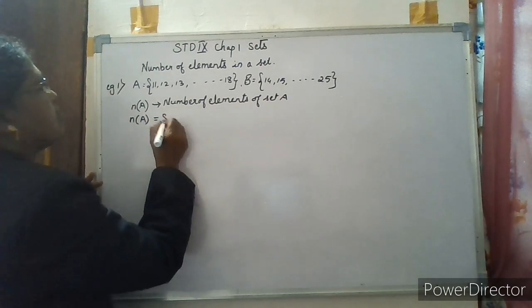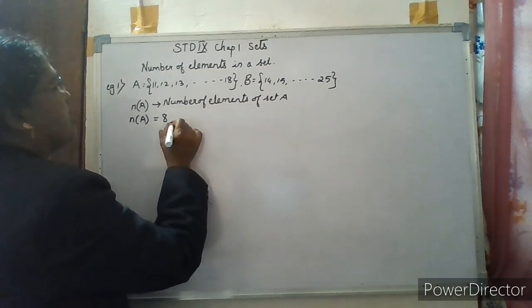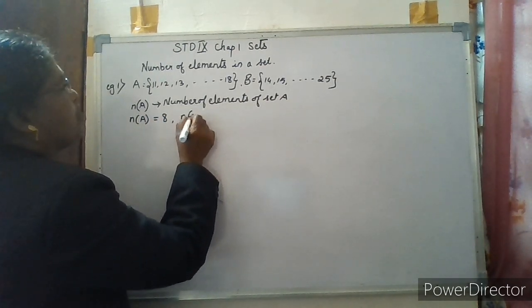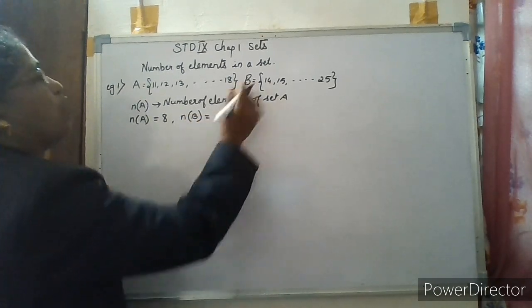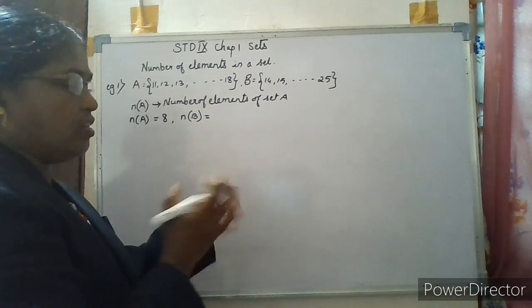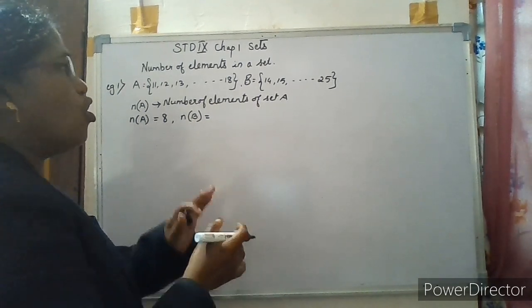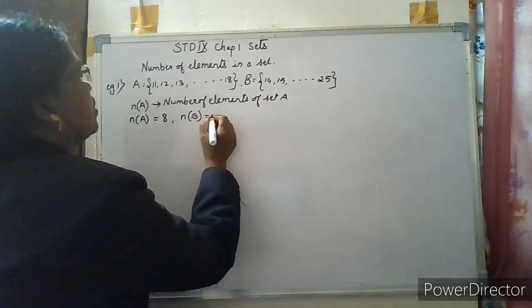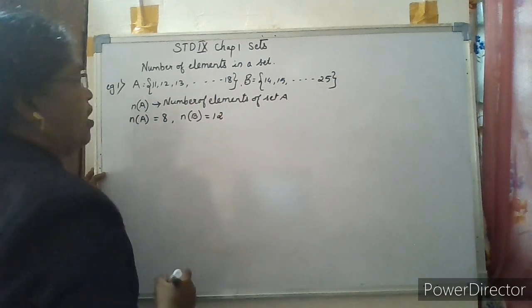So it contains 8 elements. Set B, n(B), is 14 to 25: 14, 15, 16, 17, 18, 19, 20, 21, 22, 23, 24, 25. It is equal to 12.